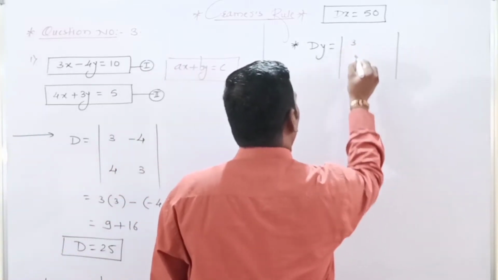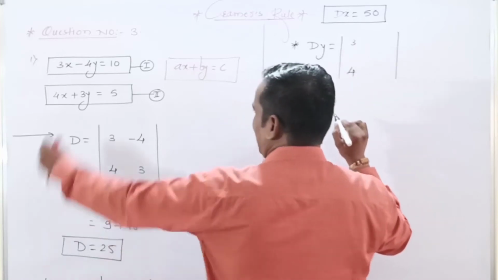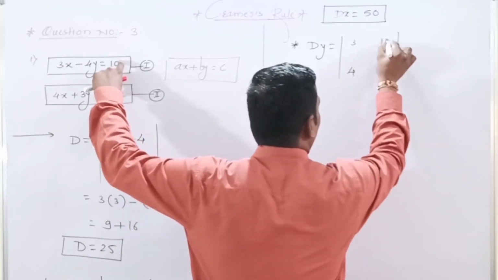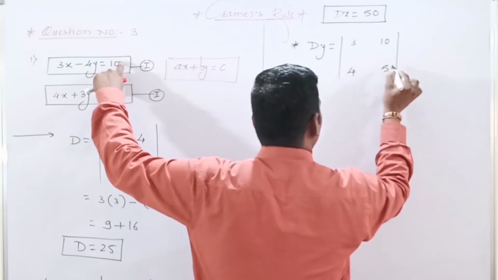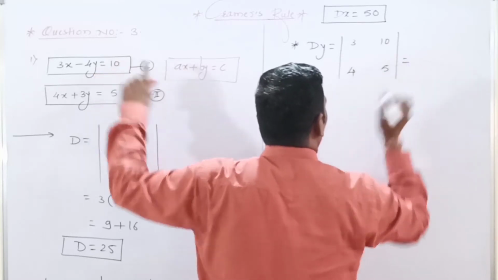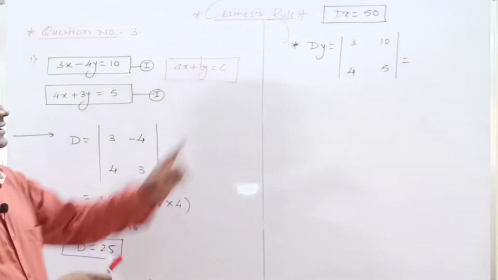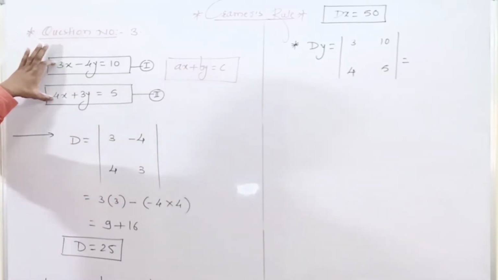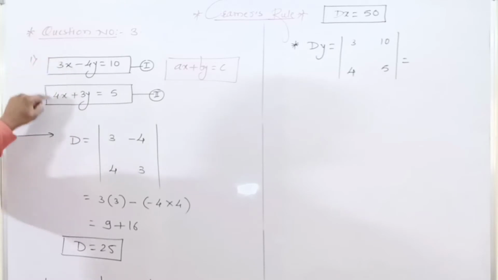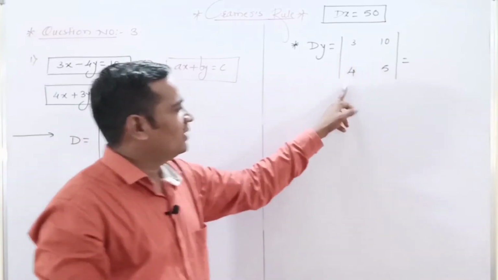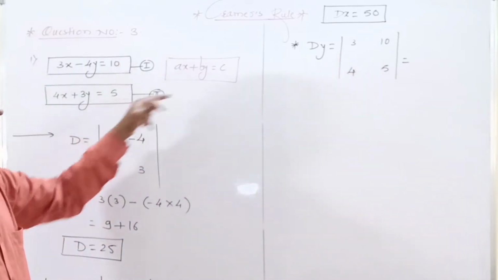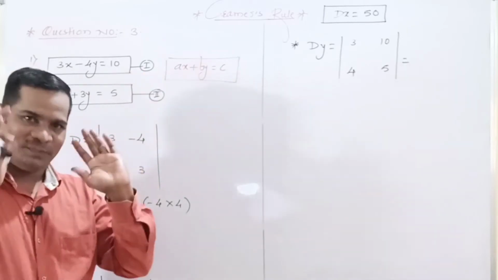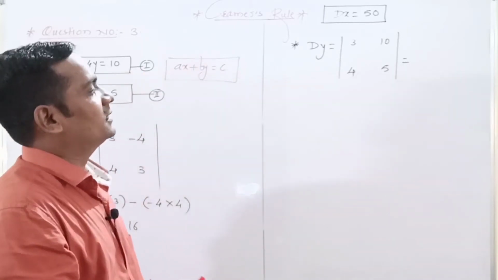So this will be 3 and here is 4, and the constants 10 and this is 5. Okay, so we can write that over there. Now in case of dy, we take the coefficients of the first term in a column, 3 and 4, and the constants. Look at this constant. Keep this carefully in your mind.